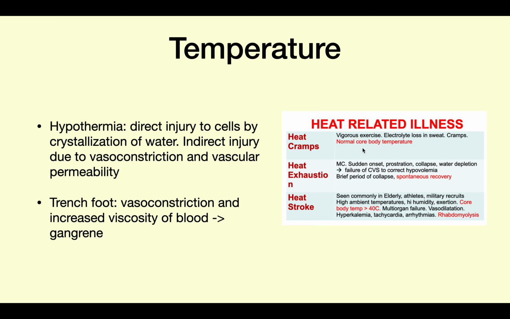Okay, so heat cramps are going to result in normal body temperature, but the cramping is due to the electrolyte loss. Easy treatment: drink some Gatorade, cool down, take a break. Heat exhaustion is going to be due to water depletion and electrolyte loss. There is the failure of the cardiovascular system to correct the hypovolemia. Person is going to pass out, but they are going to be able to sweat.